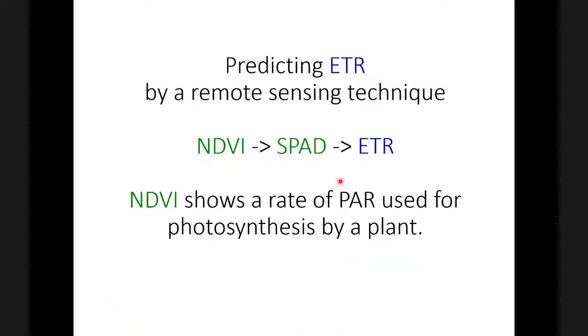Although ETR must be measured by very sophisticated instruments, without measuring ETR we can predict it in a very simple way, as I show from here, by using NDVI and SPAD.